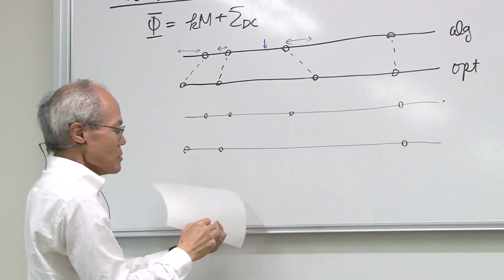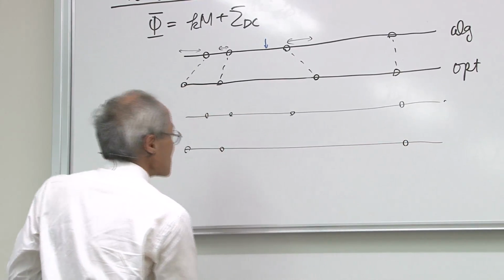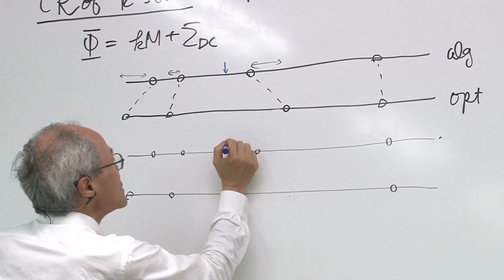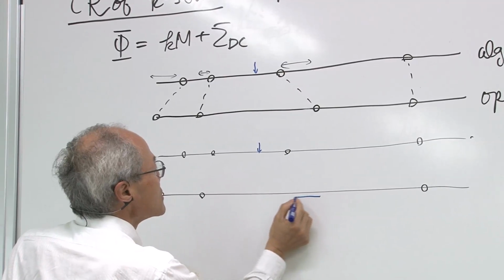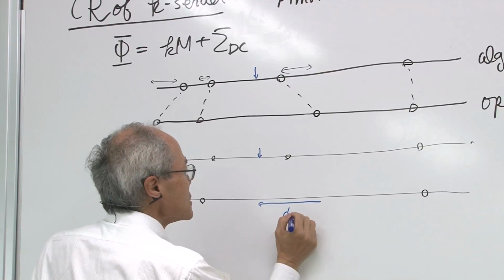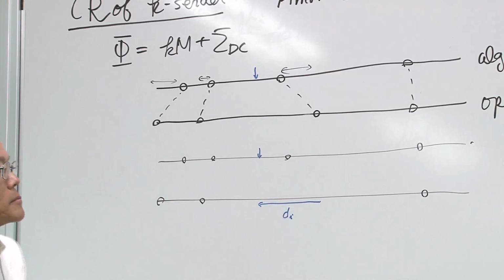So this server moves here. This is d_i, the cost of OPT.